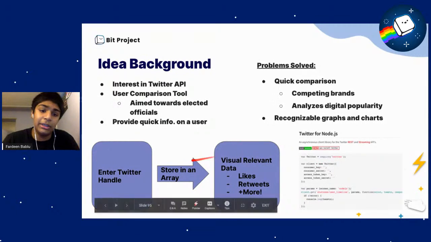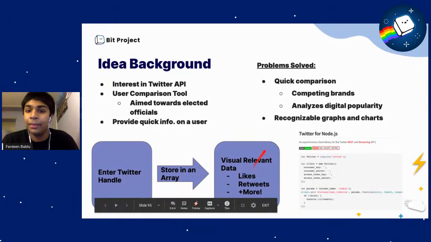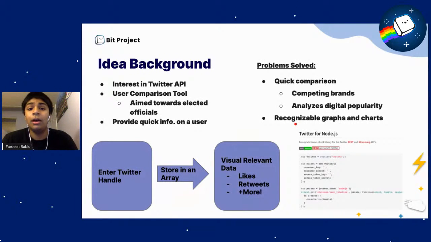Essentially, you can see here, the basic concept of this project would be the user entering a Twitter handle that would be stored in an array, and then the visual data that's relevant would be displayed as a graph. Some of the problems that this solves is that it's a really quick comparison. You can use it towards elected officials, but it can also be used with big brands, like Nike, Adidas, stuff like that.